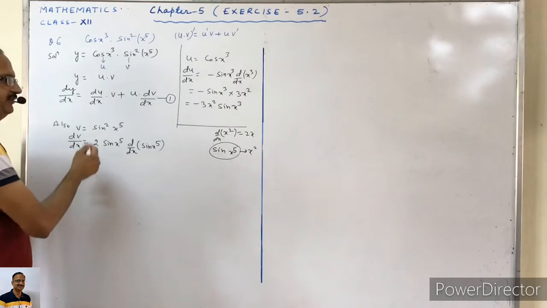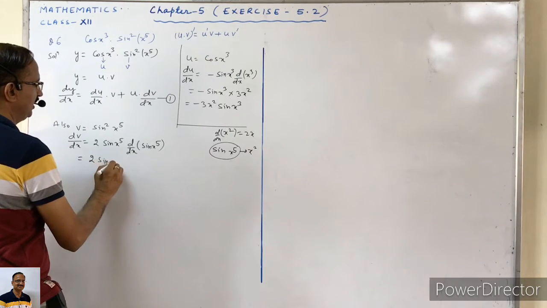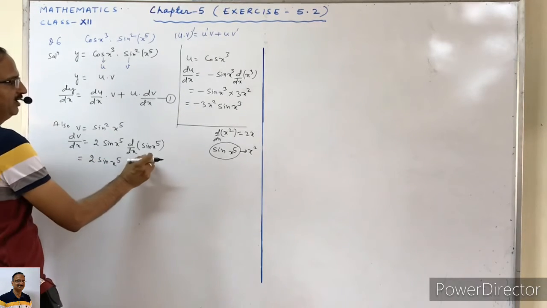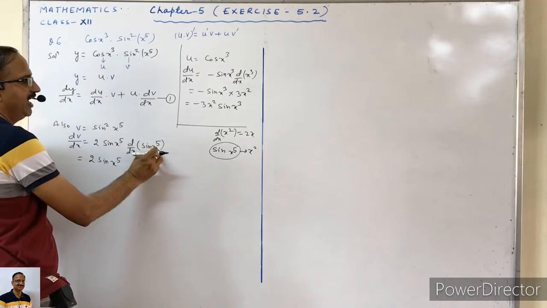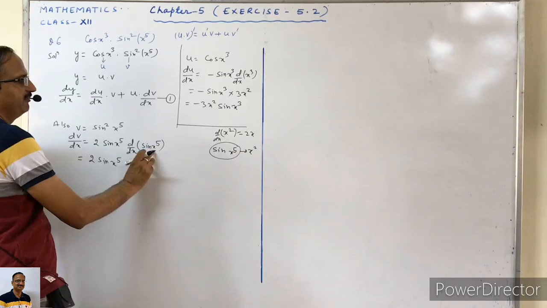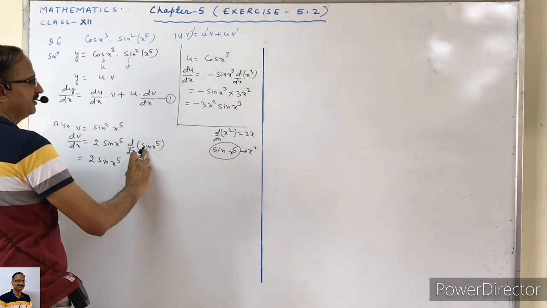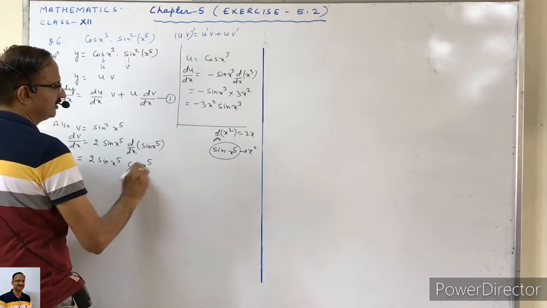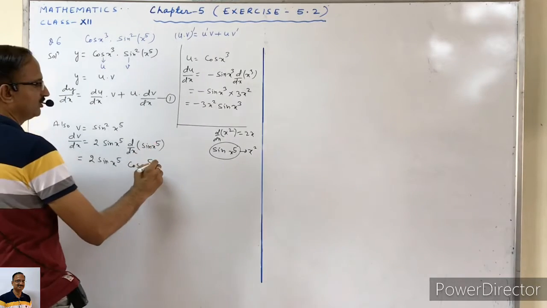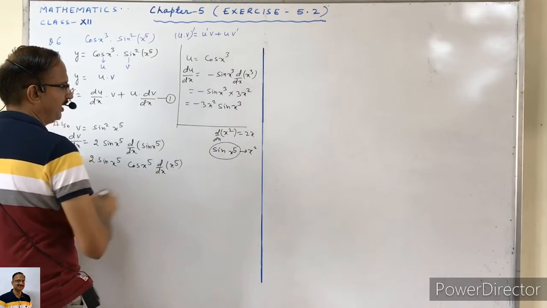Now by further differentiating the function, we will get 2 sine x raised to power 5. Now this is sine x raised to power 5, but this should be sine x. So for the time being, we will treat this x raised to power 5 as x. So what is the differentiation of sine x? It is cos x. But this is not x, so we will write the derivative of this in the product.